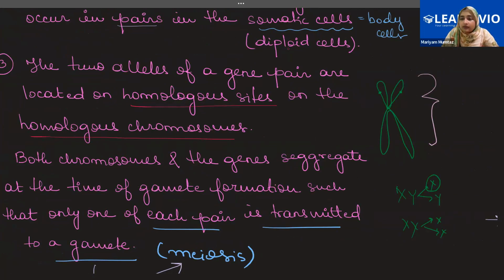Now both the chromosomes and the genes segregate at the time of gamete formation, such that only one of each pair is transmitted to the gamete. Homologous site means that at a particular site on that particular chromosome, the two alleles will be present.